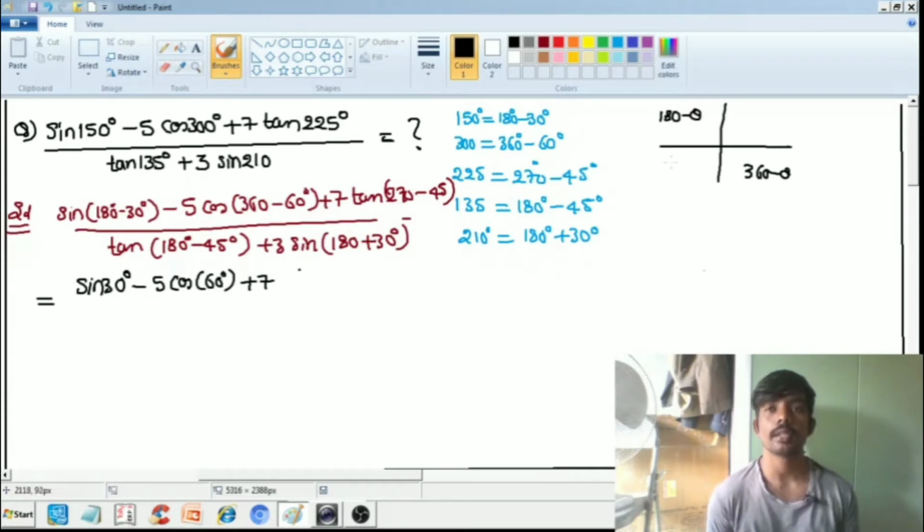270 minus theta, which comes into the third quadrant. In the third quadrant tan is positive, hence we can write tan 45 by 180 minus theta.